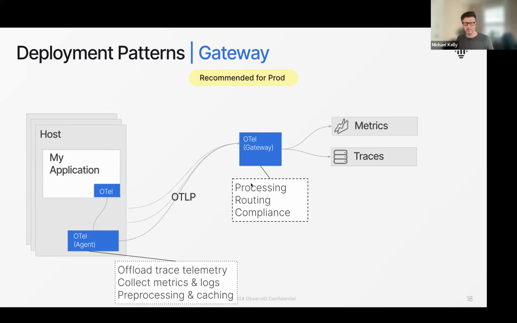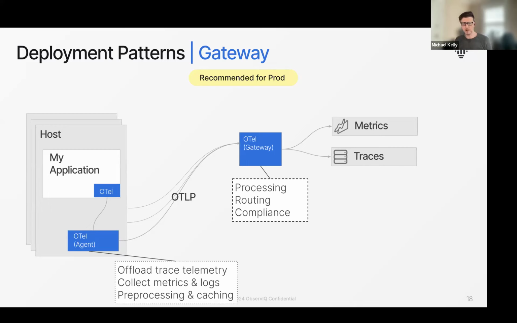Then at the gateway, it allows for heavy processing. So if you want to delete information out of the telemetry, or let's say you want to standardize or add additional metadata, that can all happen at a gateway. It also lets you route easily.